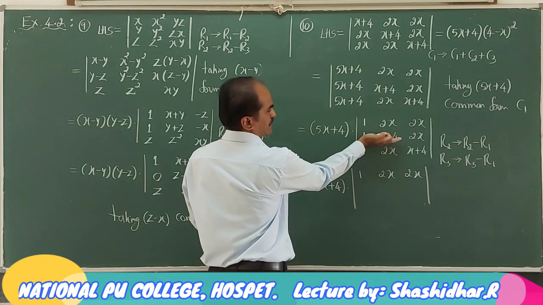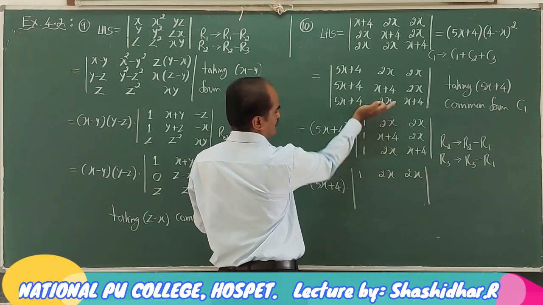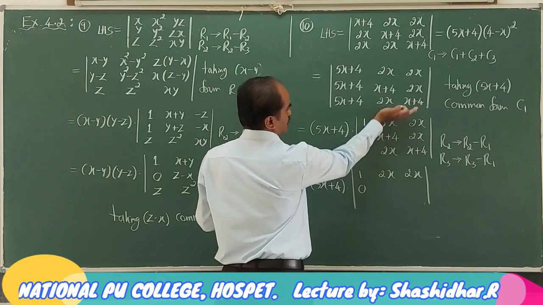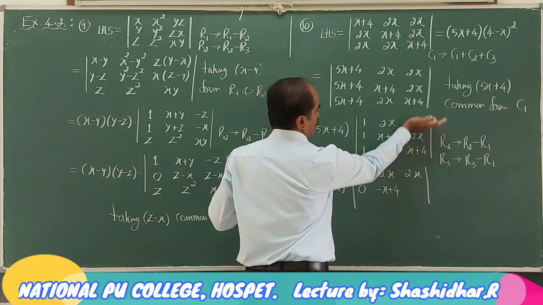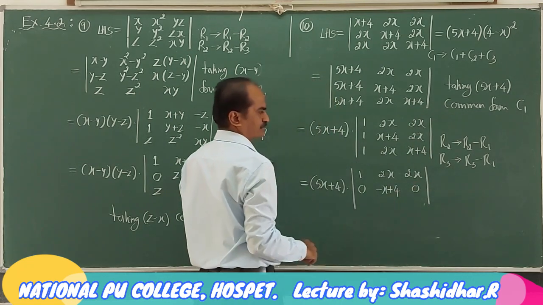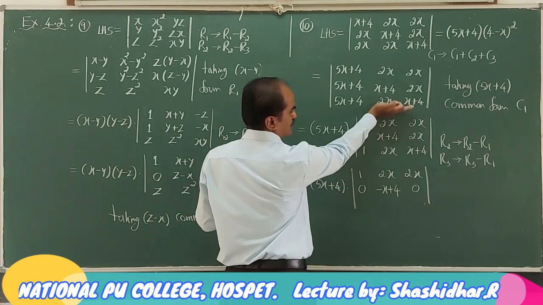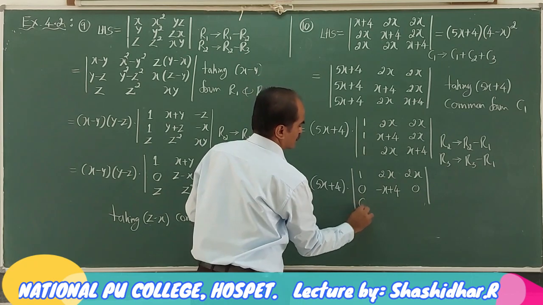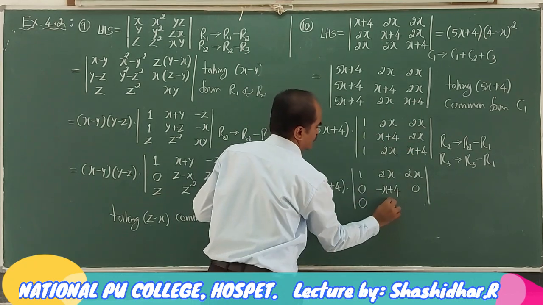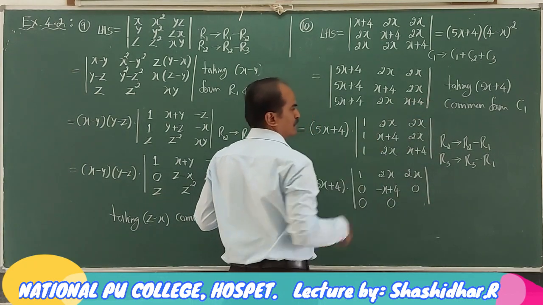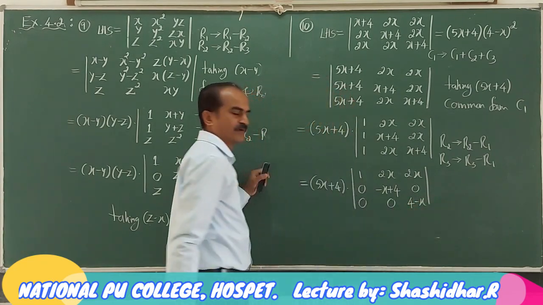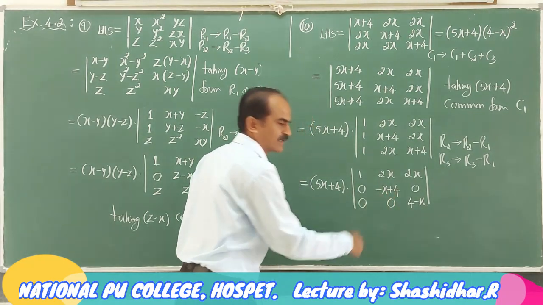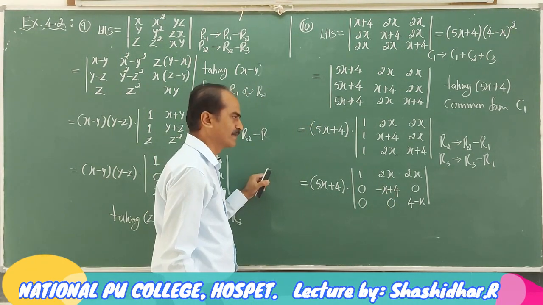R2 minus R1: 1 minus 1 is 0, x plus 4 minus 2x is minus x plus 4, 2x minus 2x is 0. R3 minus R1: 1 minus 1 is 0, 2x minus 2x is 0, x plus 4 minus 2x gives 4 minus x. Are you able to see? Now in the second row and third row, I can take 4 minus x common.